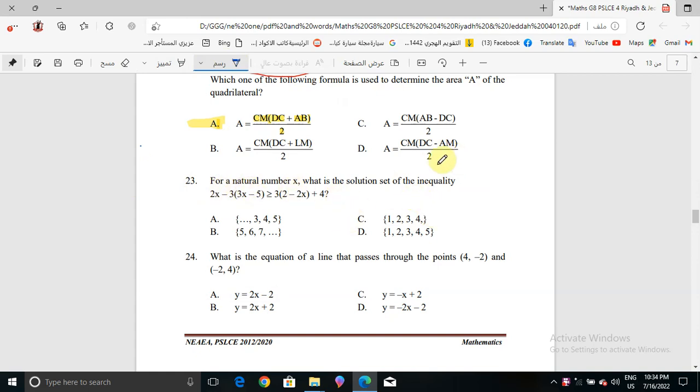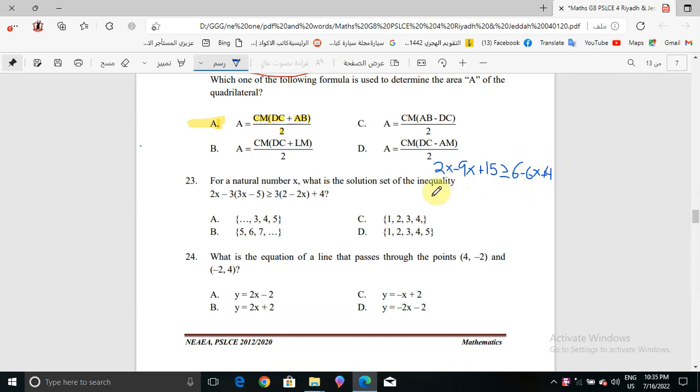So that means it will be 2x minus 9x plus 15 greater than or equal to 6 minus 6x plus 4.